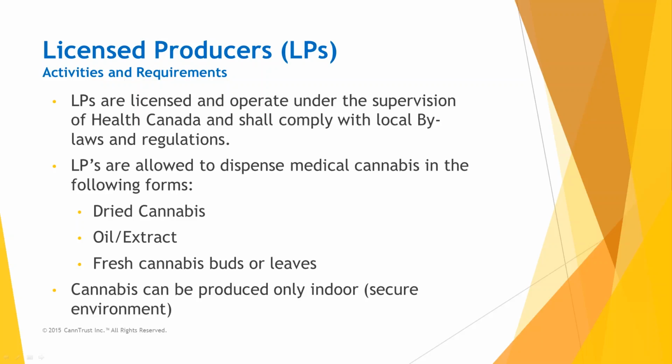Everyone working for a licensed producer should have RCMP security clearance. When MMPR regulations were introduced, dried cannabis was the only product that was authorized to be produced and distributed by licensed producers. Due to the recent Supreme Court ruling and amendment to MMPR regulations, we are now going to be allowed to produce and distribute oil or extracts on fresh cannabis buds or leaves. And all the operations by licensed producers are conducted only in indoor and secure environments. Next slide.